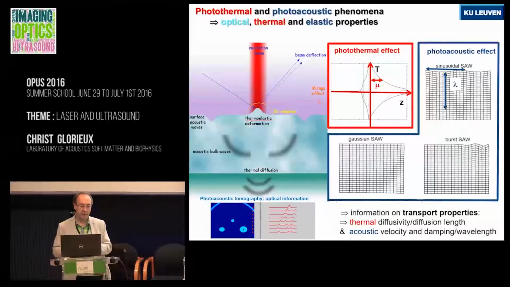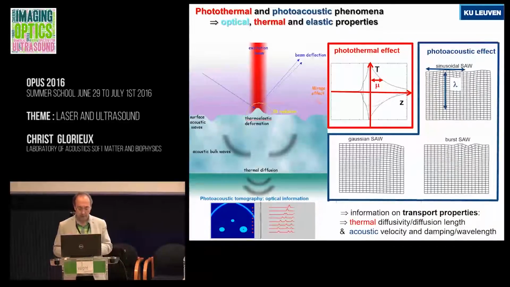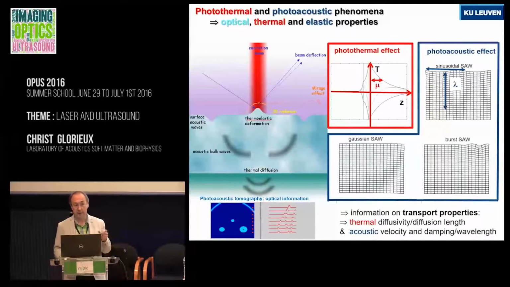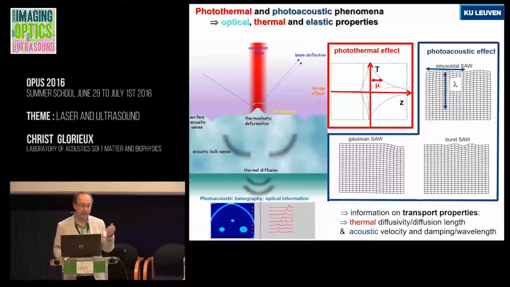So if you measure the temperature close to the source, you can manipulate how far you are probing. That depends on the time scale of the phenomenon. So you use time and spatial coding to get information, in this case about the thermal properties, because it's the thermal diffusivity that will determine how far the heat is going, how far it is diffusing.